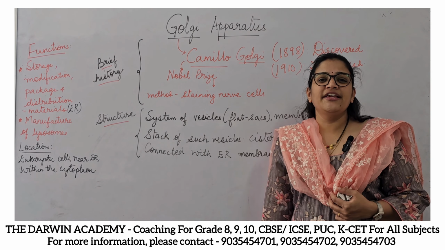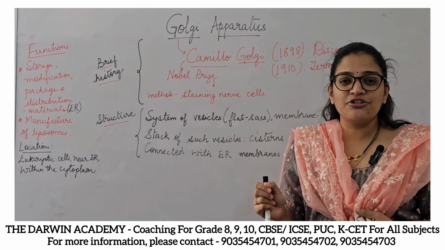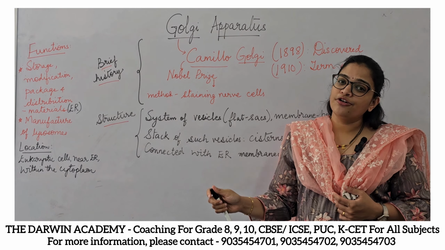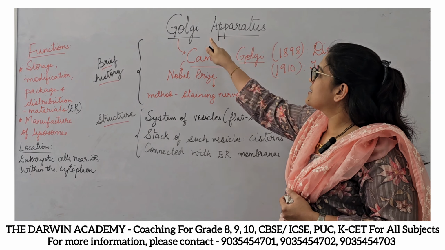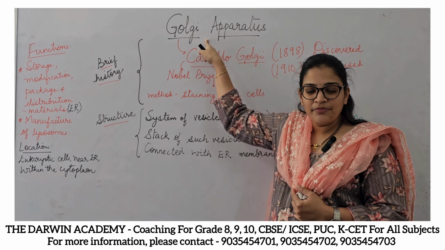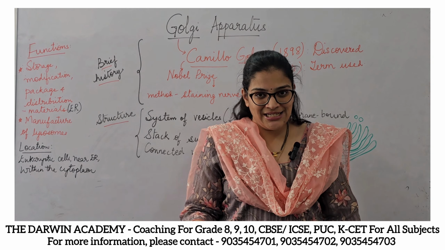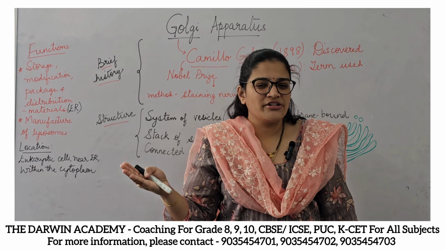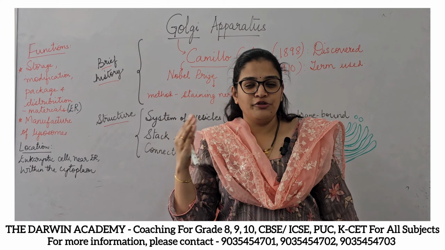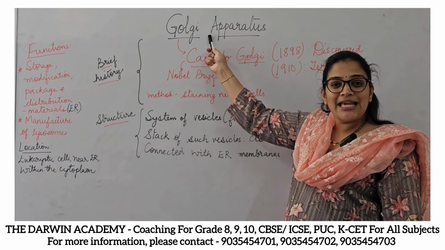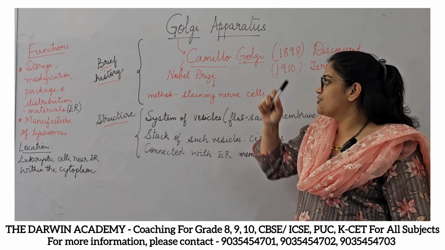I hope all of you are ready with your sheet of paper and pencil or pen to scribble down the points. Today's cell organelle that we are going to discuss is called the Golgi apparatus. It was known by some other name before 1910. You need not know what name it was called by before 1910, but from 1910 onwards, the term Golgi apparatus has been used.